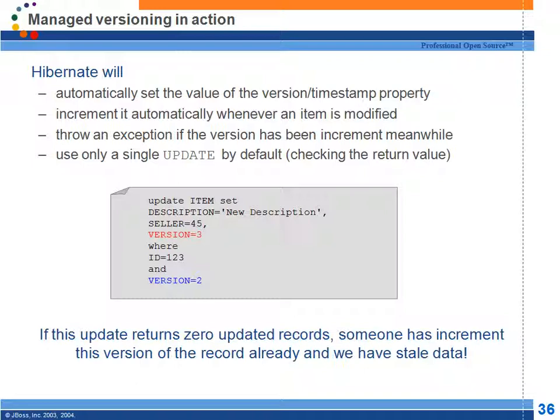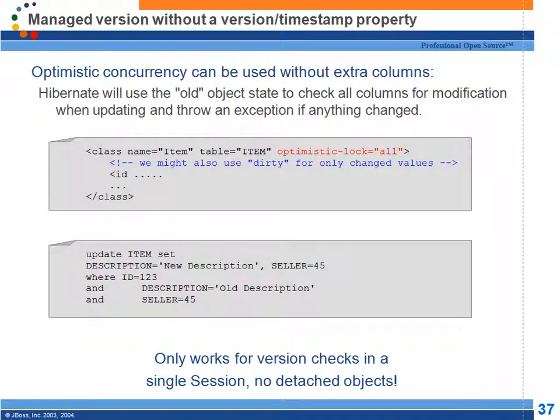Now in JDBC, how do you fire an update query? Execute update, right? The executeUpdate method returns the number of rows affected by this query. If the number of rows affected is 0, that means you are working on stale data. Hibernate will throw an exception, right?